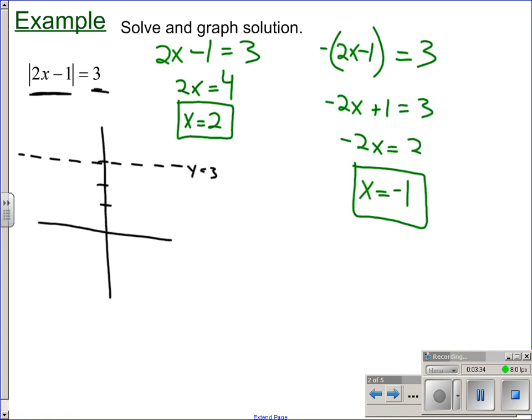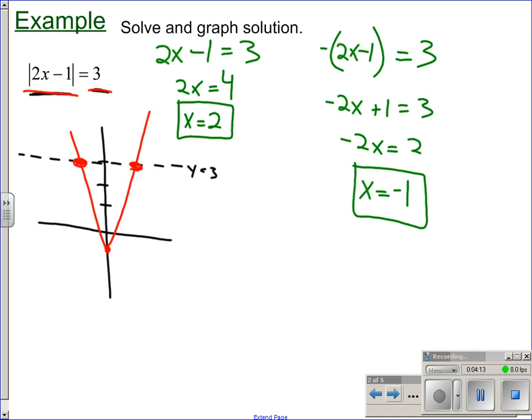Okay, the absolute value of 2x minus 1, that graph is going to be, let's see, I might be a little bit off, but it's close, it looks something like this. And so the question is, when is the absolute value of 2x minus 1 equal to 3, where these two graphs cross?